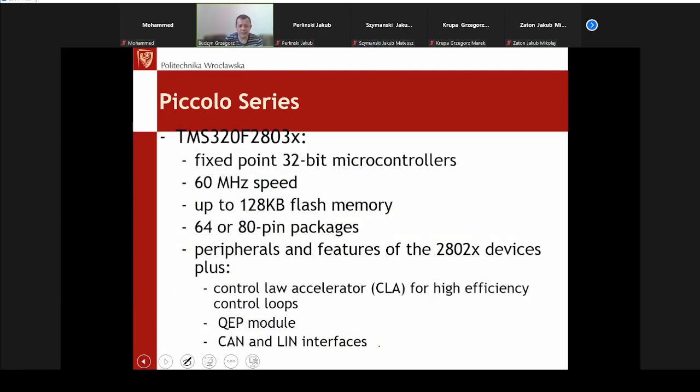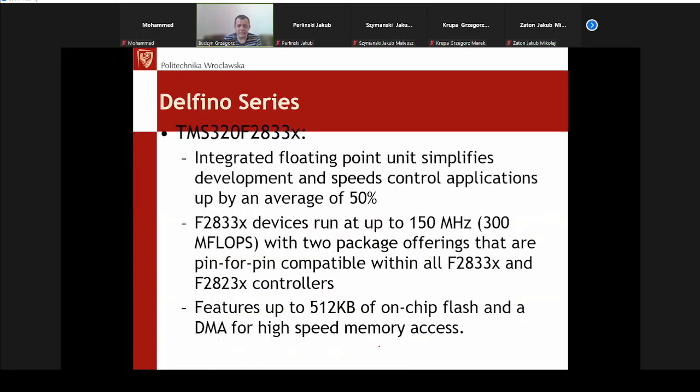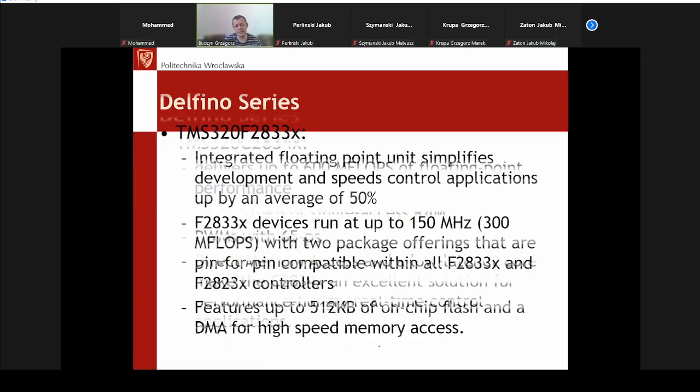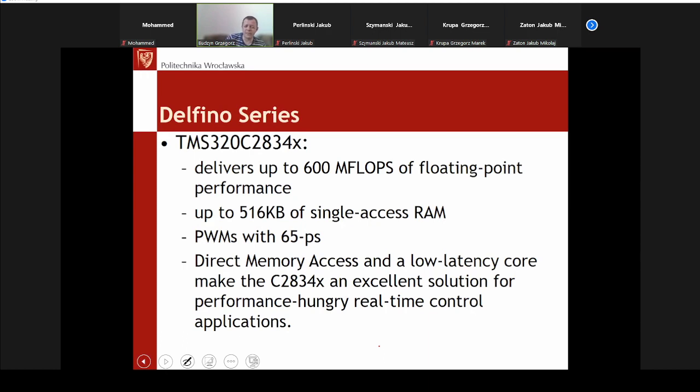We can find this with the performance going up with the Delfino series. So Piccolo is slow. The Delfino series starts to remind Cortex M7 more or less, something between M4 and M7. Yeah, it's an interesting observation of this competition.